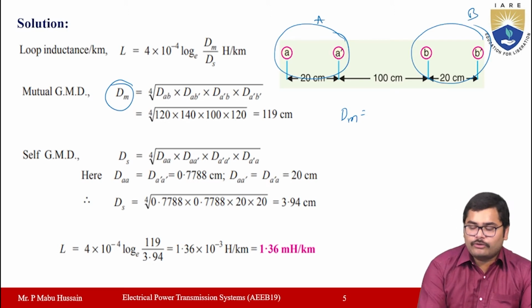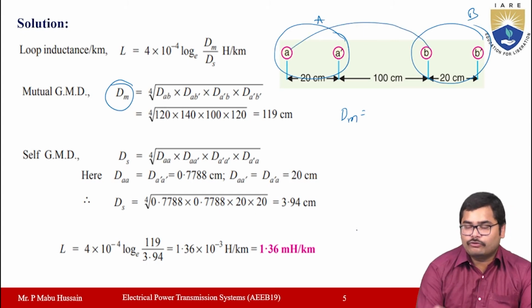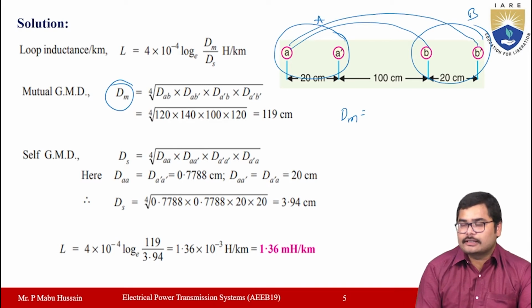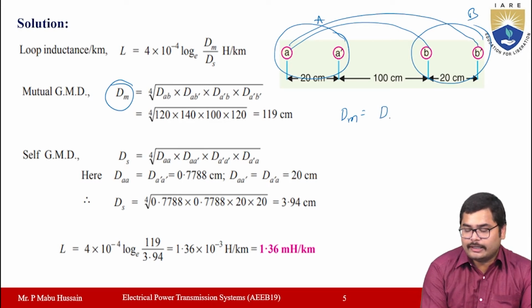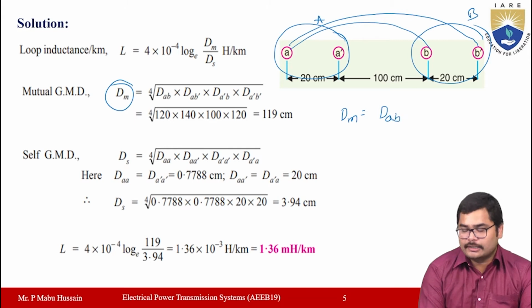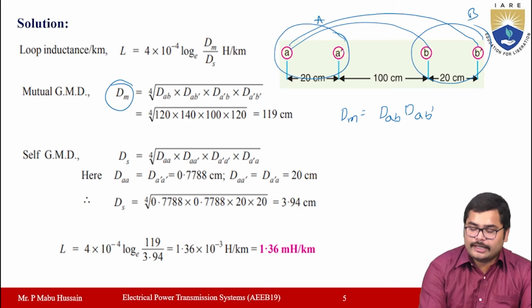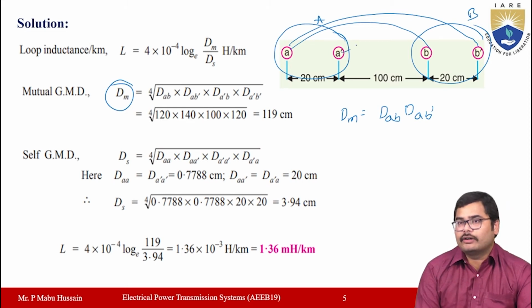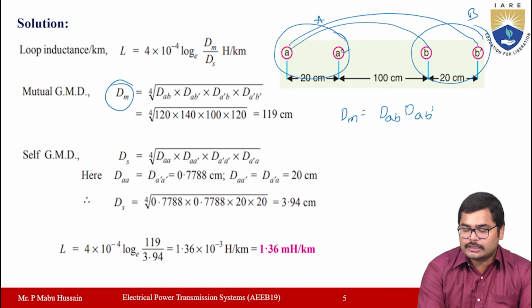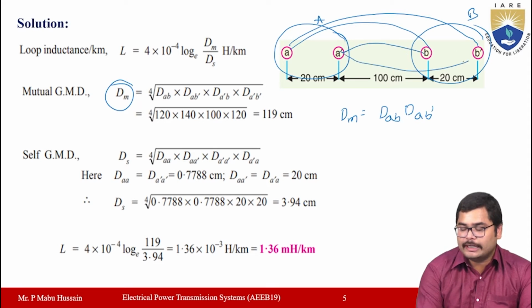Okay, so now mutual distances here are A to B, one distance, A to B dash is another distance, right? So DAB is one distance, DAB dash is another distance. Now if you take this A dash subconductor in line A, then the mutual distances will be A dash to B and A dash to B dash.